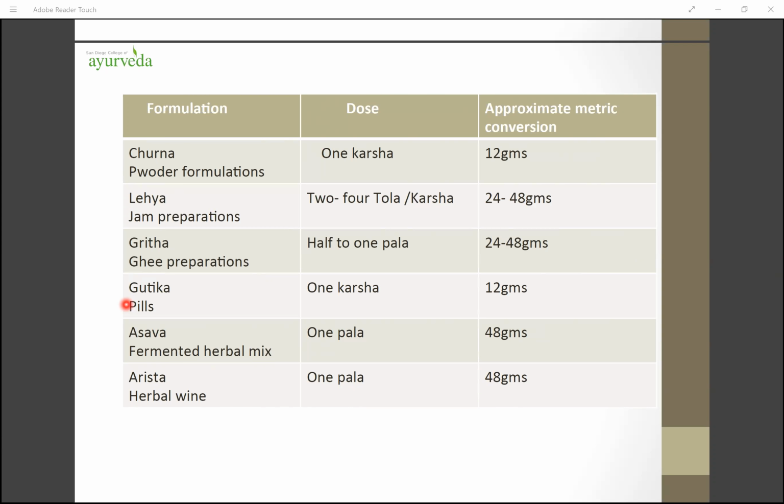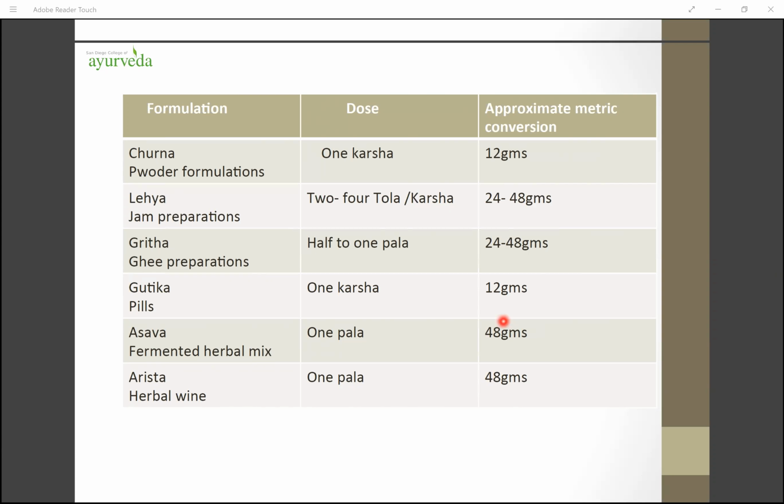Now, gutika has to be given in numbers, like 1 or 2 pills. The 12 grams here basically refers to the quantity of medicine that you would require in your pill. So if my pill has 12 grams of medicine, then my dosage would be 1 pill. If I'm going to roll only 6 grams into a pill, then I'm going to have to give them 2 pills. Does that make sense?